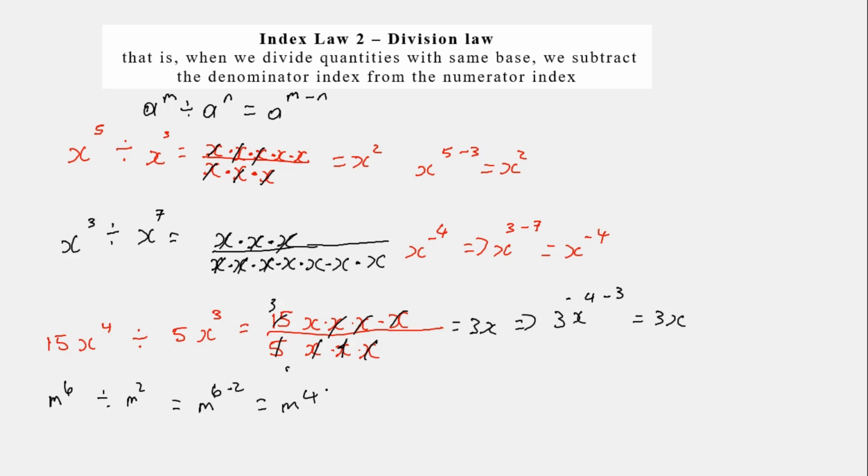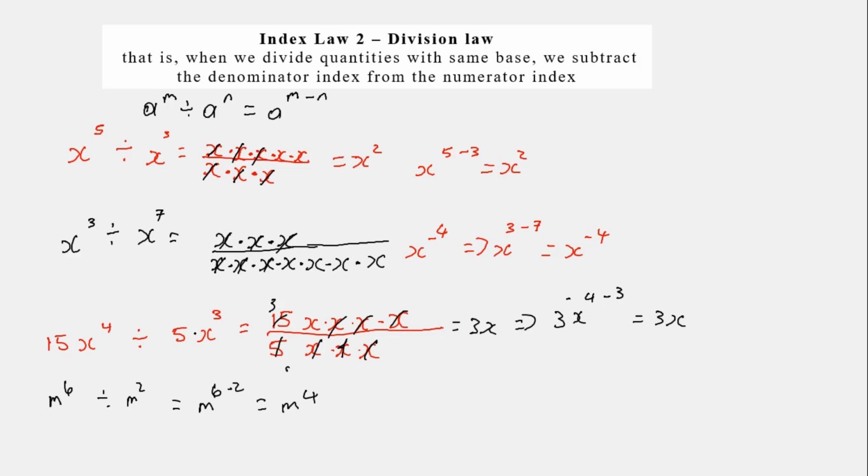Those were a few examples in using the second law, which is the division law of index, which says a to the m divided by a to the n is equal to a to the m minus n. We saw that for x to the 3 divided by x to the 7, we still apply the formula, x to the 3 minus 7, which gives us x to the minus 4.